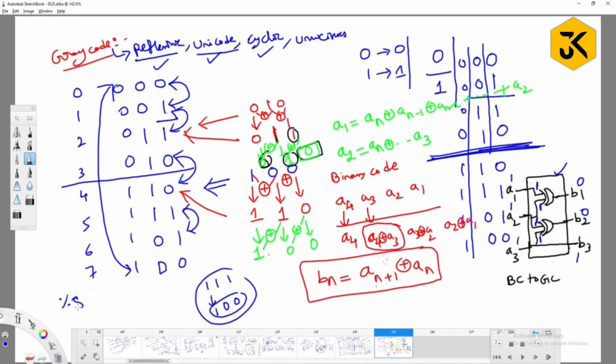What is the meaning of modulus 8? What range of values are we going to get if you give n as the numerator? 0 to 7, right? So from 0 to 7 you always get the values. Cyclic code. Next, this one is an unweighted code, which you know. Okay.